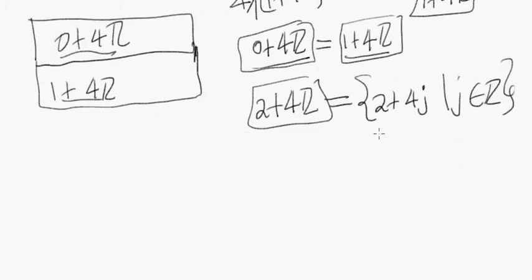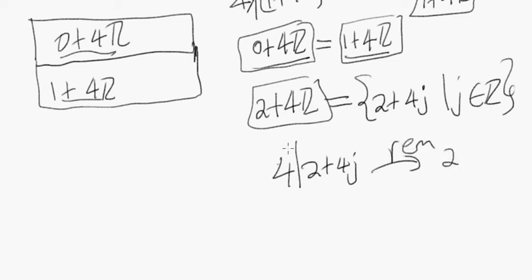Another way of saying this is that the coset 2 plus 4Z is the set of all elements which when divided by 4 give us a remainder of 2. If we take some element 2 plus 4j and divide it by 4, we get a remainder of 2.